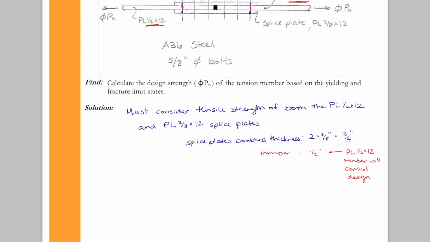Our first limit state is yielding. For yielding, the design strength, phi Pn, is going to be phi times Fy times Ag. We can look up in our manual that phi for yielding in steel is 0.90.